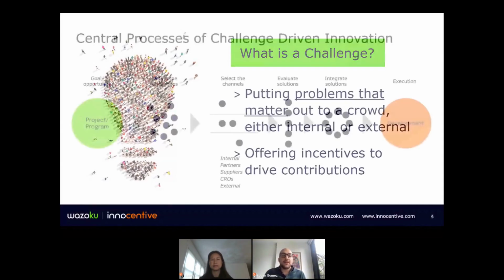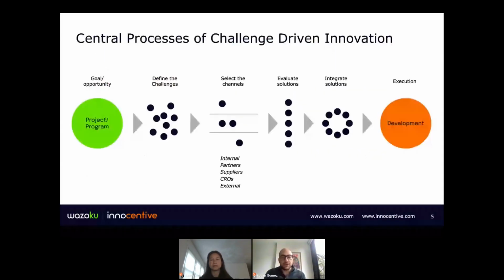This is framed within the central process of our challenge-driven innovation methodology, where we establish a goal, a project, or a goal for a program. And then within that particular goal, we define certain challenges that we are facing and that we want to address.